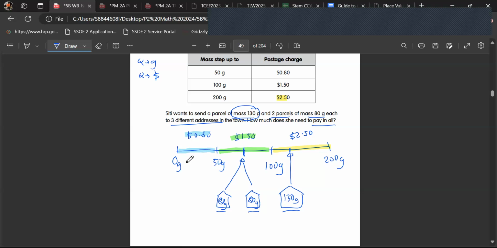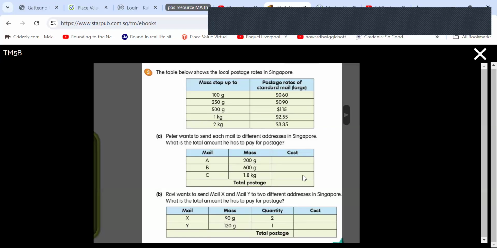I presented the answers in terms of a range, and then I drew and marked out where the parcel mass lies in the range. Compared to the textbook now, can you see what method they chose? Can you see this question? Here's the answer, right? What method did they choose?